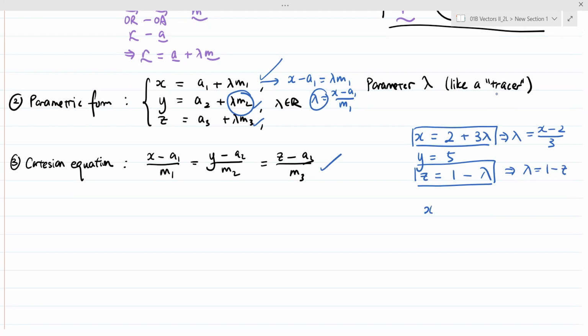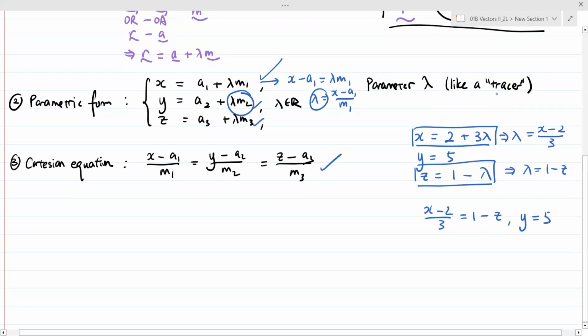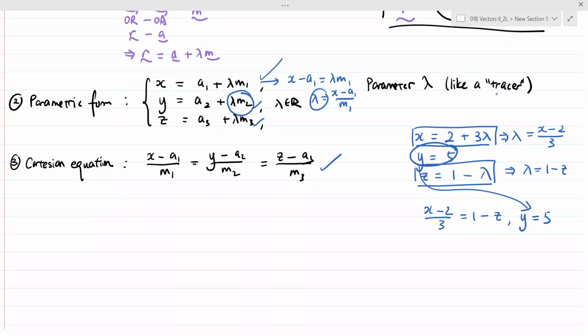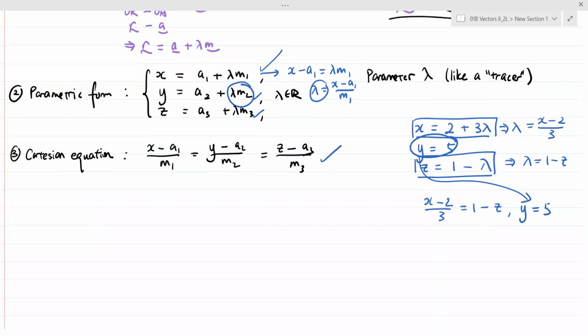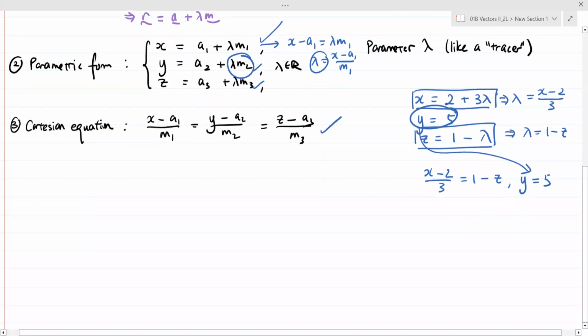Then you just take care of these two. For the other one, you have no choice. You have to write it as a separate equation on its own, because the issue now is that y is independent of the parameter value. It's not going to change as lambda changes. So this is a line where the y coordinate of every point on the line is 5.